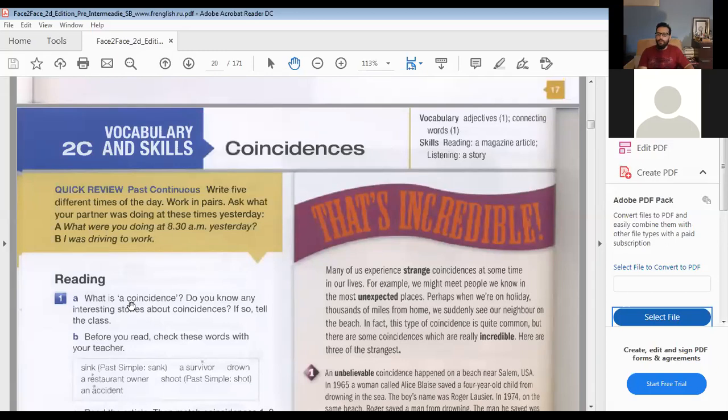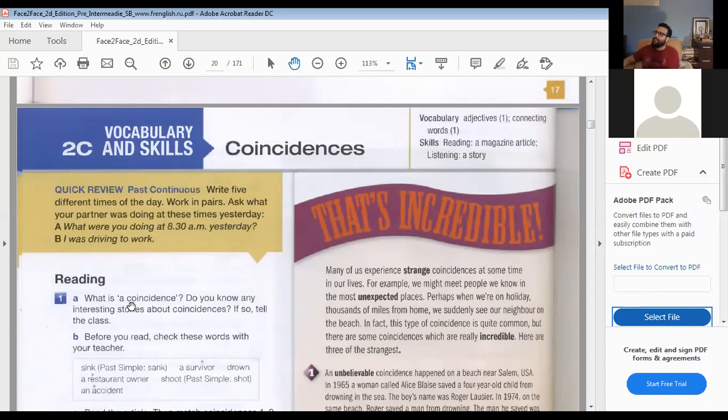Yeah. So what do we call this in Arabic when you have something like this happening? For example, let's think of another example of something coincident.